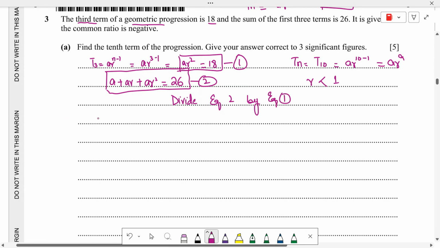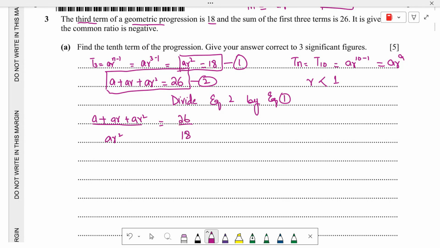We have a plus ar plus ar square over ar square, which equals 26 over 18. Further solving, we have a over ar square plus ar over ar square plus ar square over ar square, equal to 26 over 18.